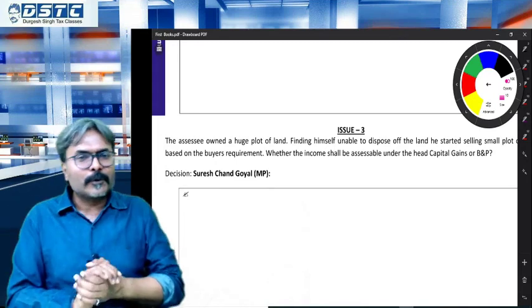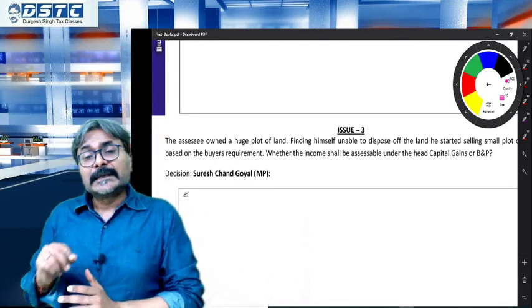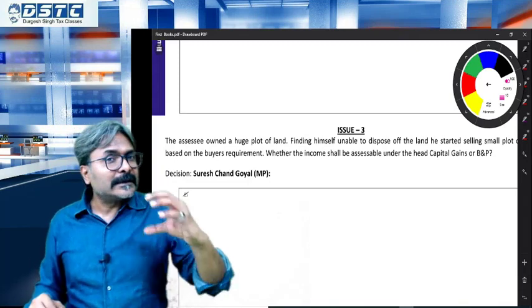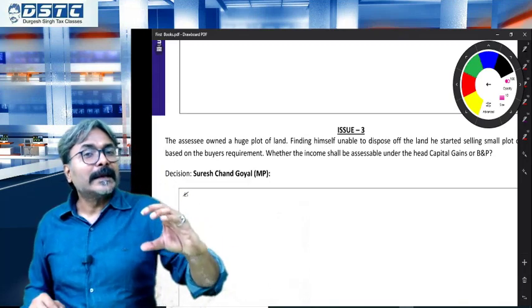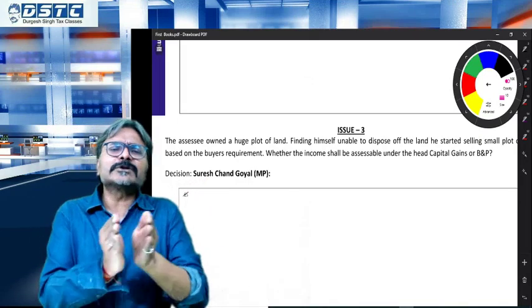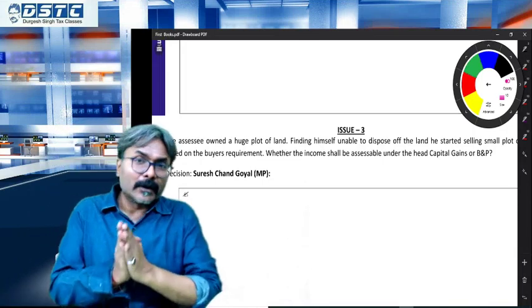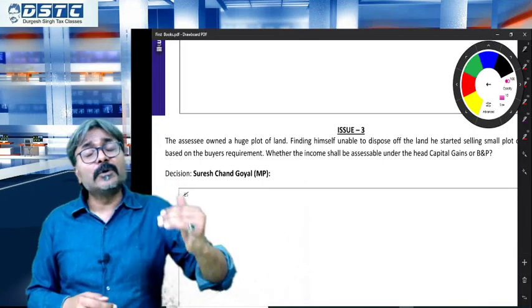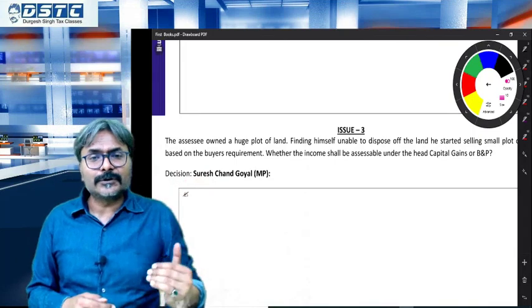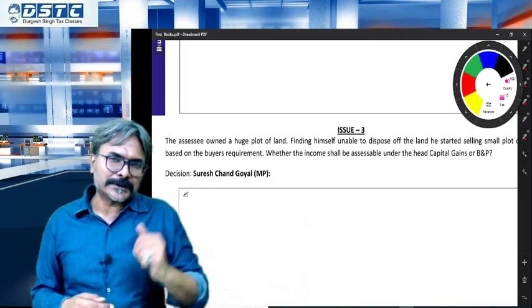So, knowing the difficulty, he started making small plots in that huge land, small plots based on whatever was the requirement of the buyer. Accordingly, step by step, slowly and gradually, he disposed of the entire land in plots.